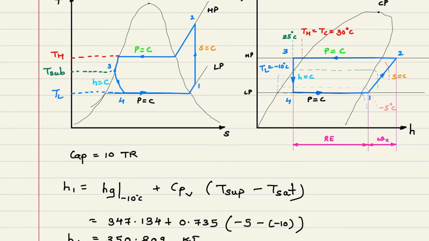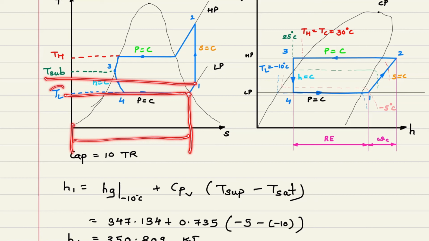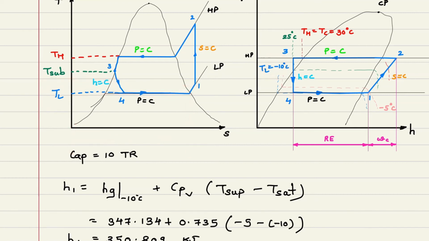So I'll write down how to calculate this. S1 is equal to S2. What will be S1? This S1 value will be up to this point Hg plus Cp of vapor times log of T sup upon Tsat. Tsat is -10 and T sup is -5, but we have to convert that into Kelvin.